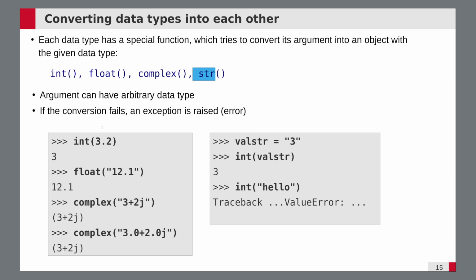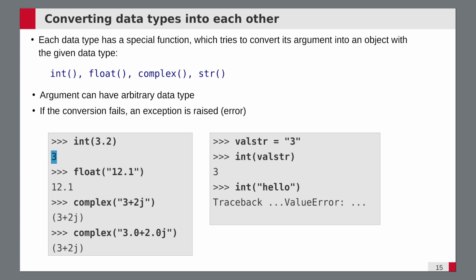Inside those functions, you can write any kind of argument you wish, and if it can be converted to the data type, it will be converted. For example, if you convert the floating point number 3.2 to an integer, it's possible, and you will get the integer 3. Of course, the fractional part of the number will just be thrown away.